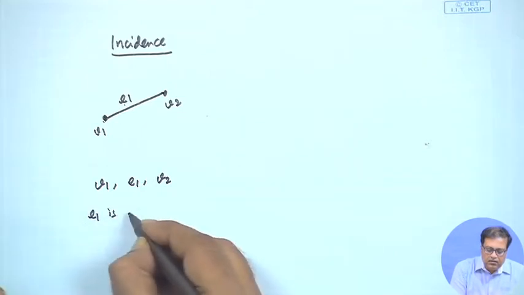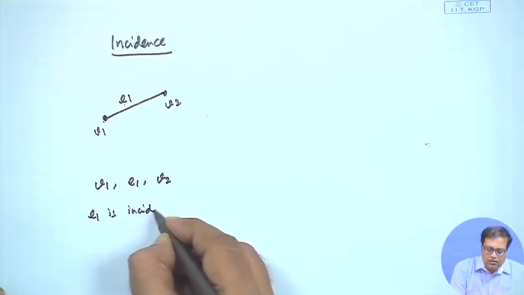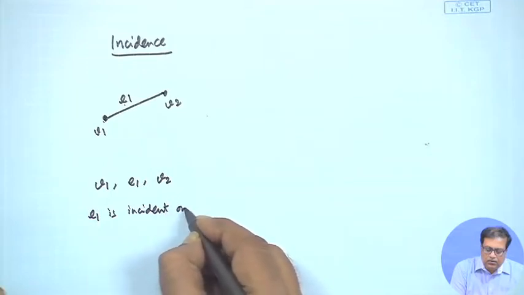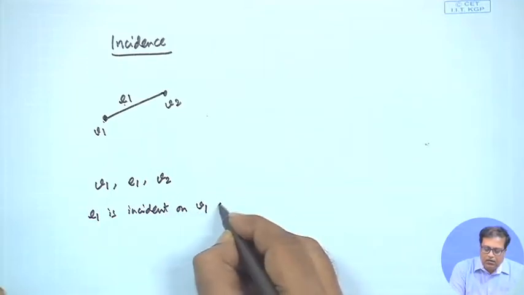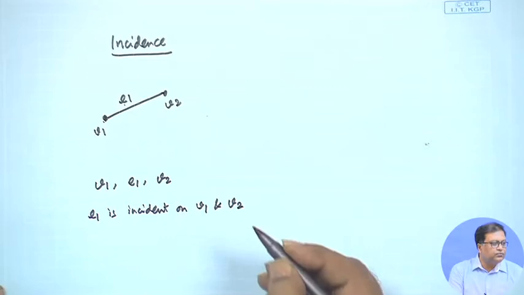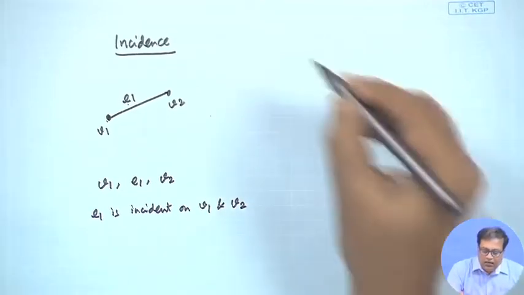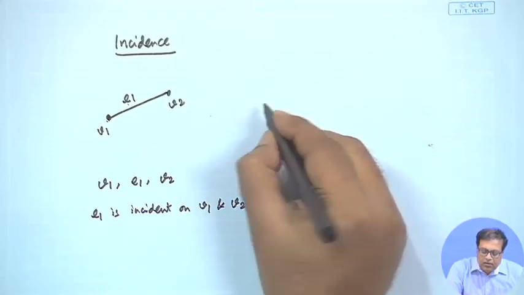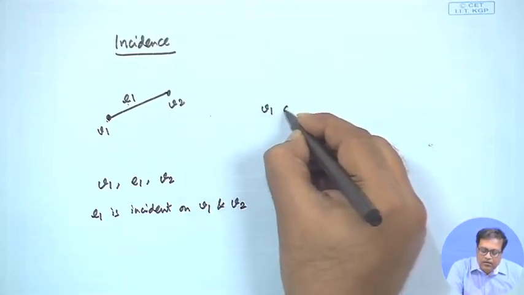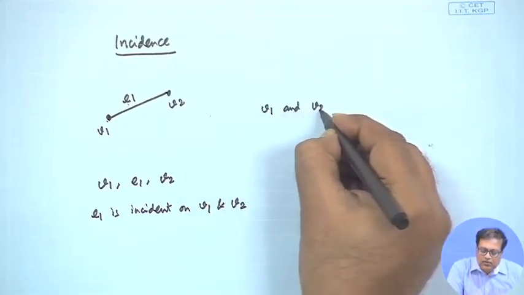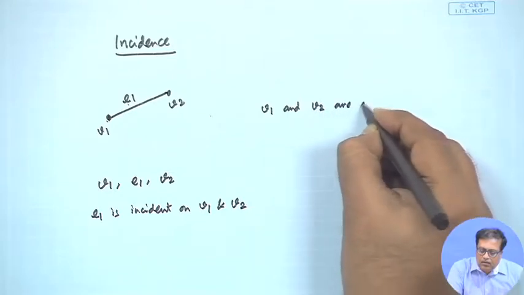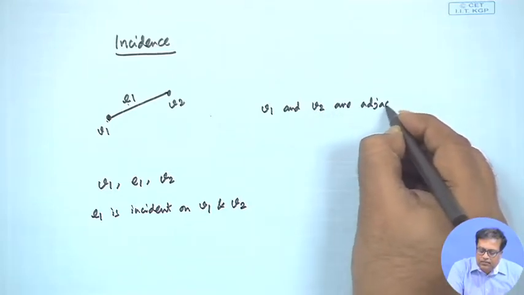E1 is incident on V1 and V2, right. And otherwise we call that V1 and V2 are adjacent.